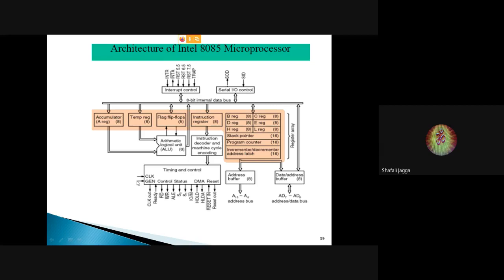Generally, this crystal oscillator is of 6.25 megahertz, and this frequency is divided by 2 internally by the 8085 microprocessor to get 3.125 megahertz, which is the operating frequency of the 8085, and all operations are carried out with this clock frequency.